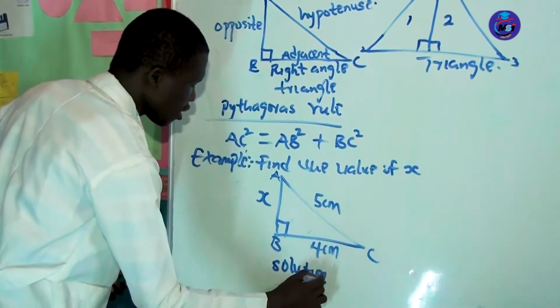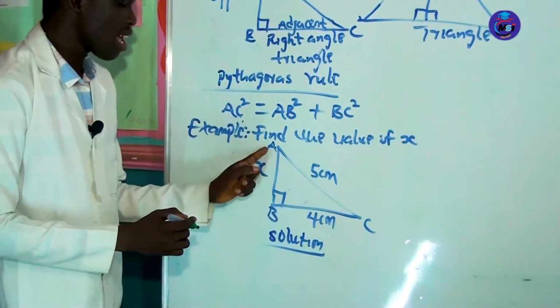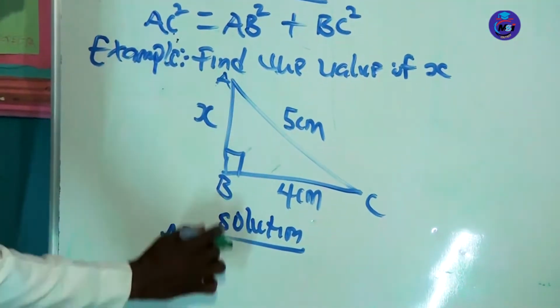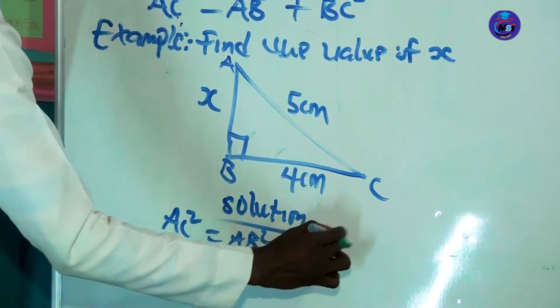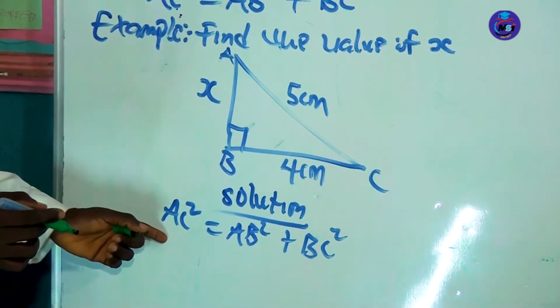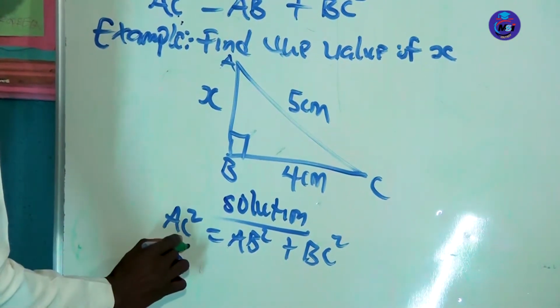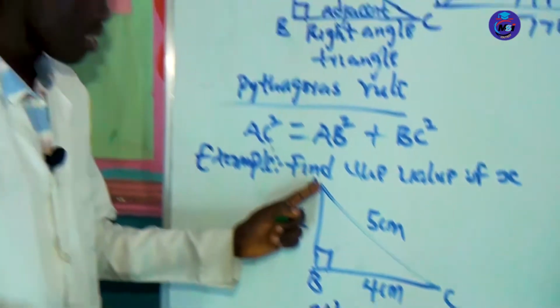Applying Pythagoras theorem, AC square equals AB square plus BC square. Now what is the value of our AC? Okay, it's 5, so 5 square. What is the value of our AB?